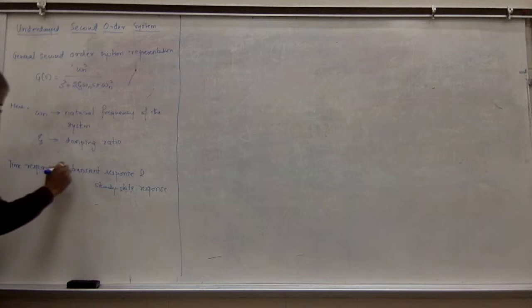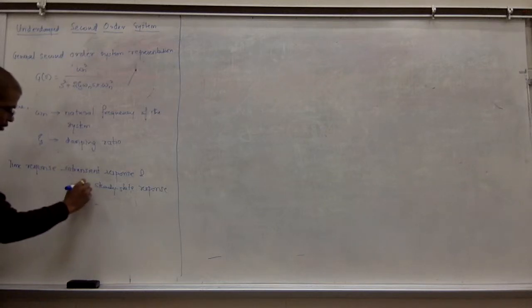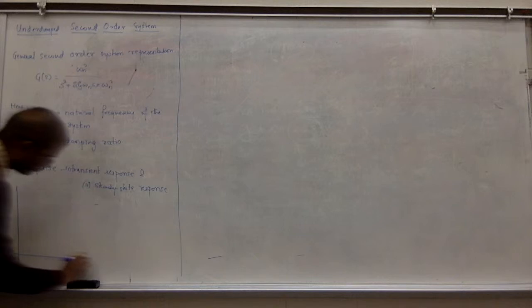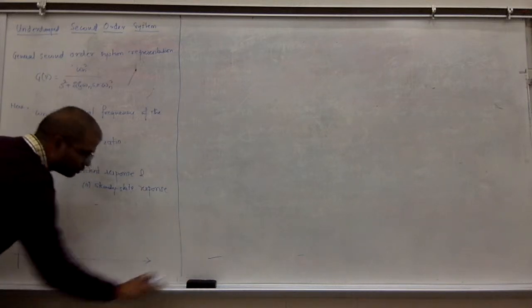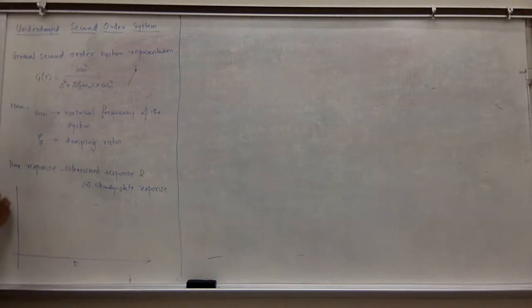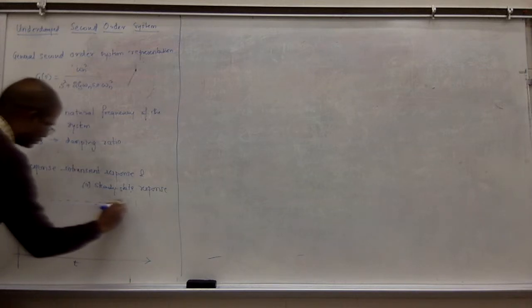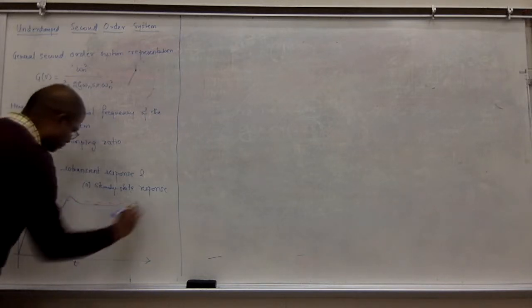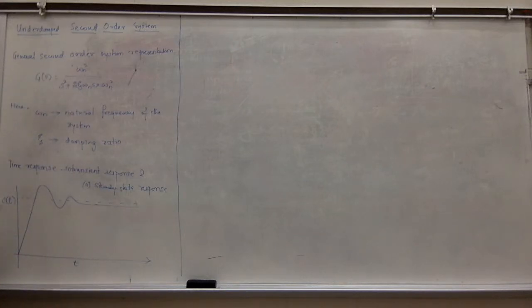Okay, one is transient response, and the other is steady state response. So what does this mean? If we look at this plot, this is time t, and this is c of t. This is how an underdamped time response looks. Okay?